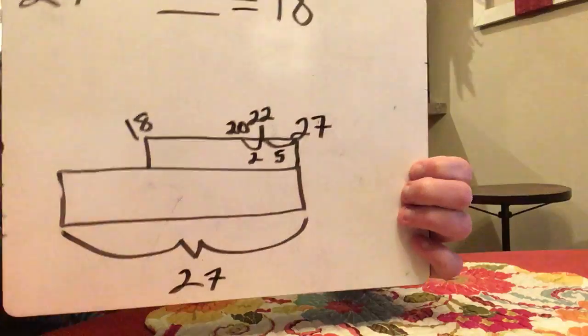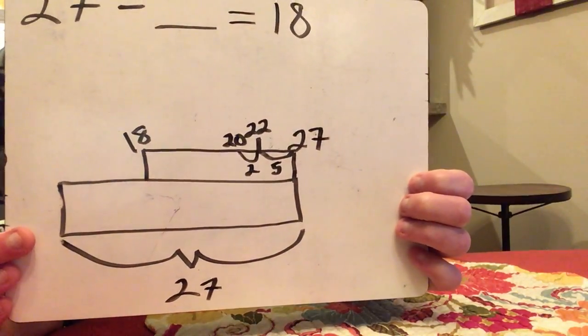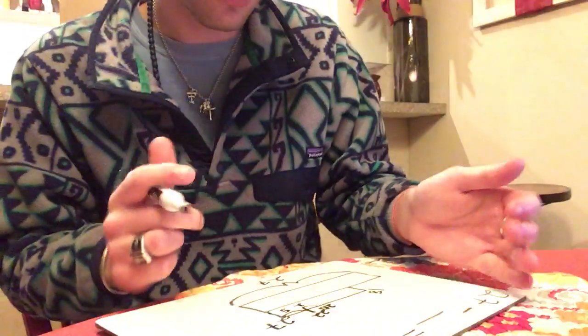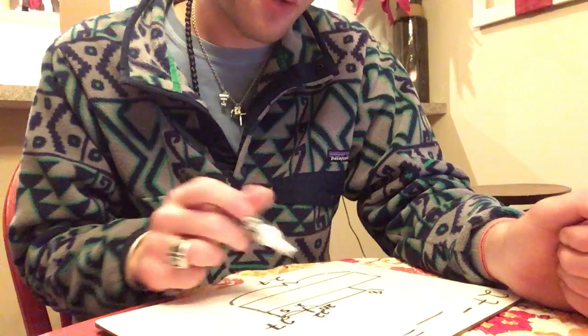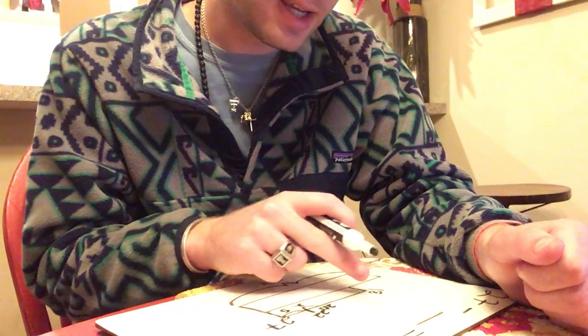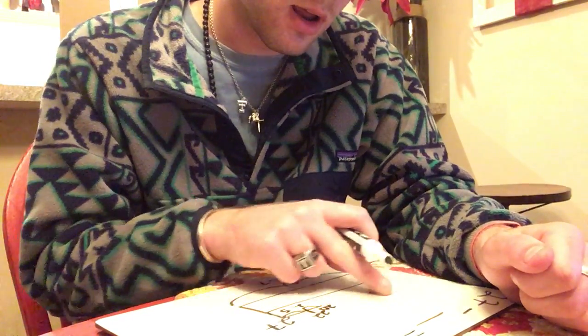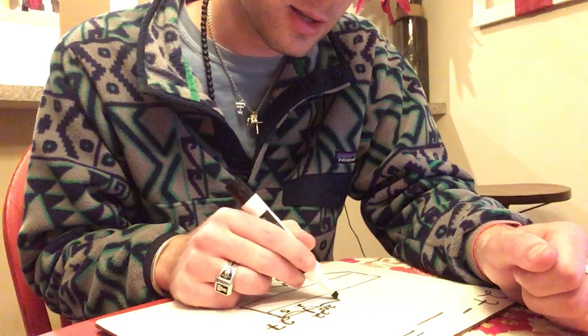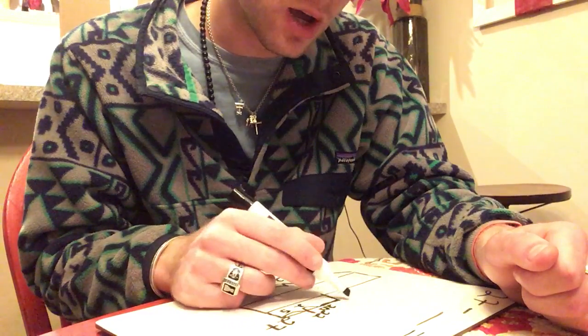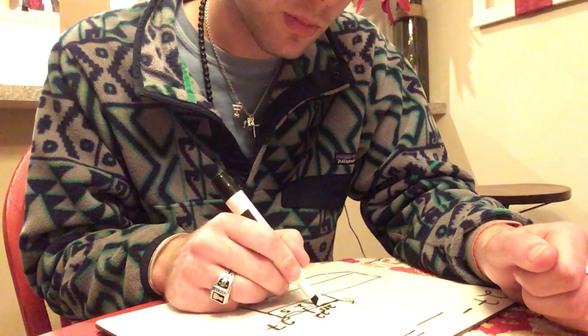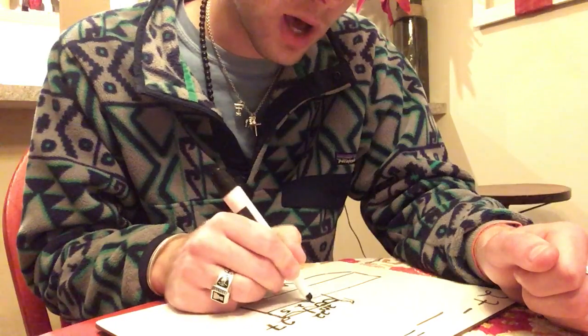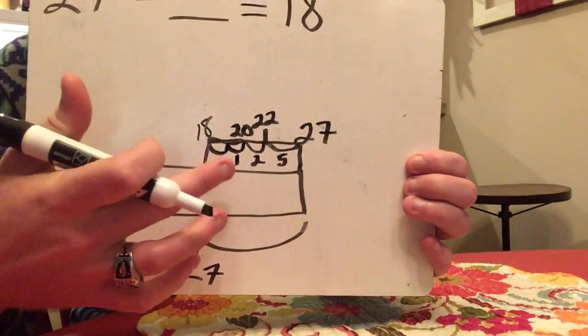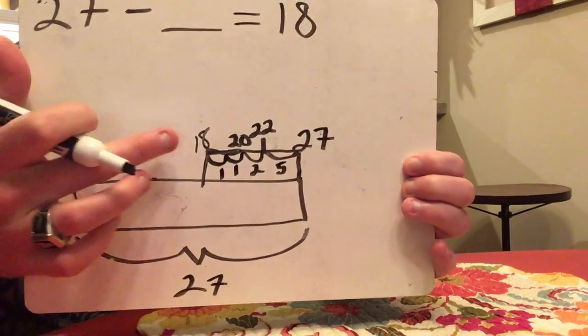Now, how many jumps will it take us to get to 18? It should take us 2 jumps by 1. So there are 2 jumps by 1 to get to 18.